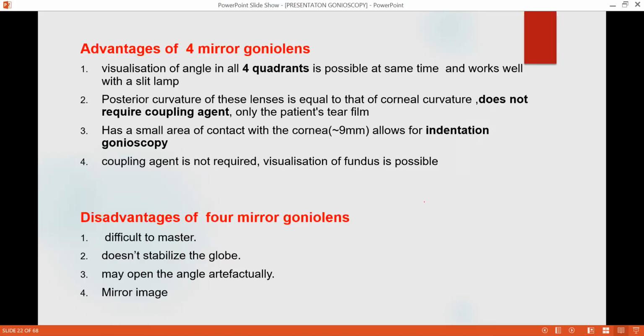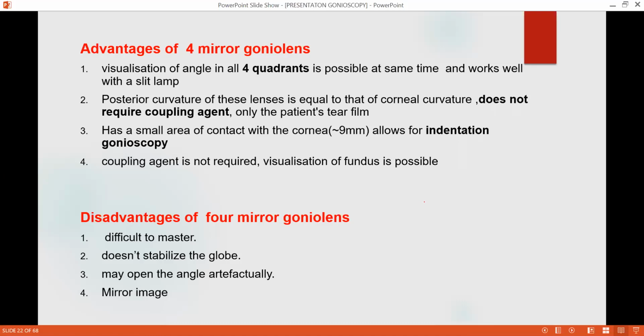The advantages are that all 4 quadrants are seen at the same time. We don't need coupling agent for these 4-mirror gonio lenses. Indentation gonioscopy can be performed, and since we are not using the coupling agent, visualization of fundus or visual fields or applanation tonometry can be performed after gonioscopy. However, this has some disadvantages.